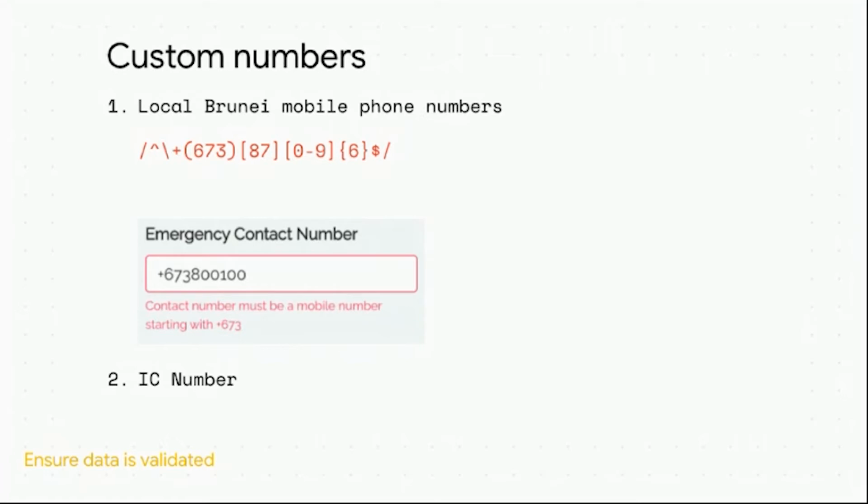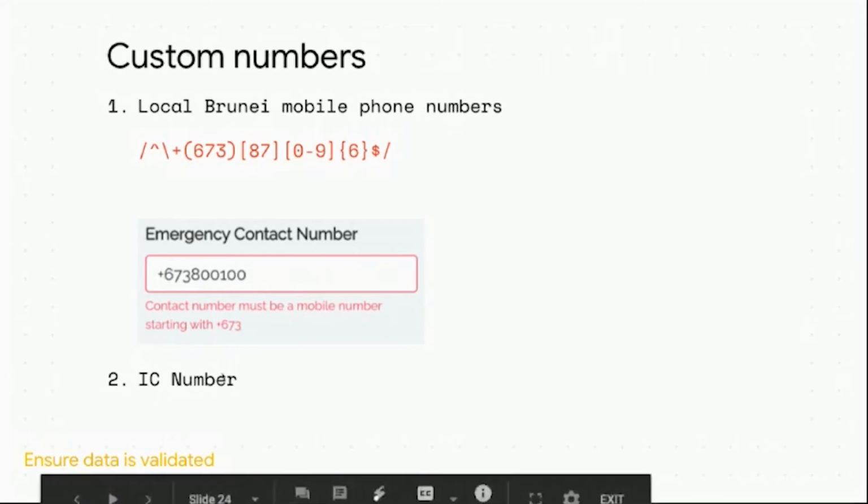By making sure that the phone number is put in correctly, we can reduce a lot of bad things from happening, because this is something that the team will be using later down the track to contact the volunteers. And if it's not put in correctly, then you won't be able to reach that volunteer. Another example would be our IC number, which can follow a strict format.